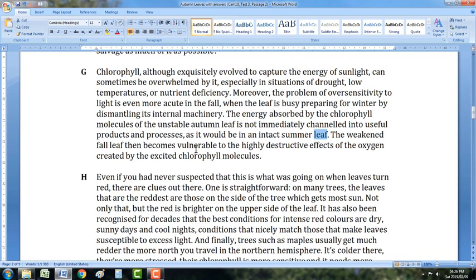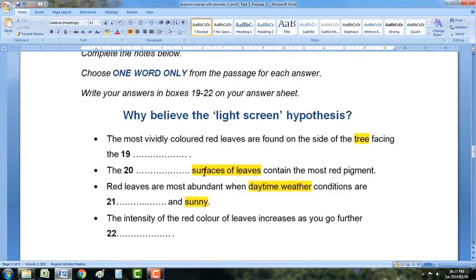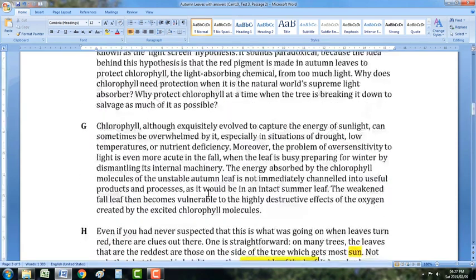There is a leaf there. Where's sunny? Where's weather? Surfaces of leaves. So then I'm starting to get worried, but then I would continue to scan. And there is sun. Side of the leaf, which is the surface, upper side of the leaf, surface of the leaf. Daytime weather and sunny.